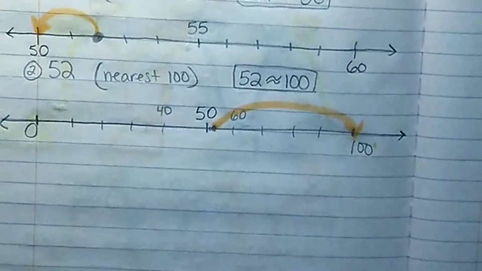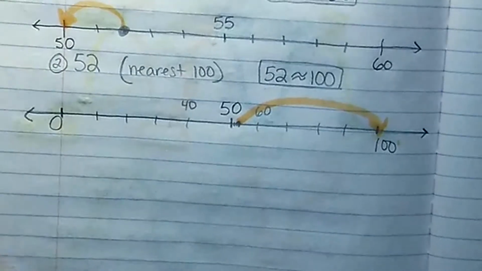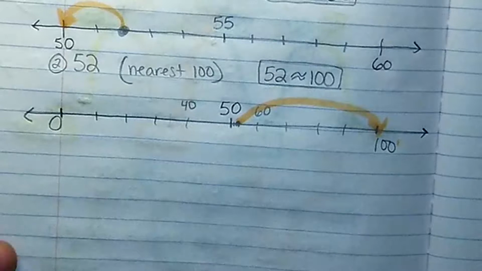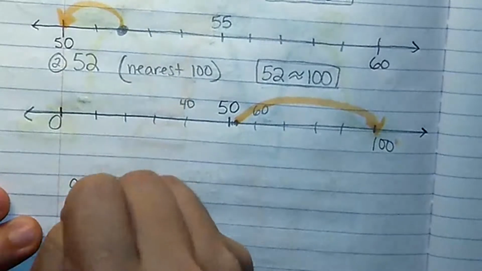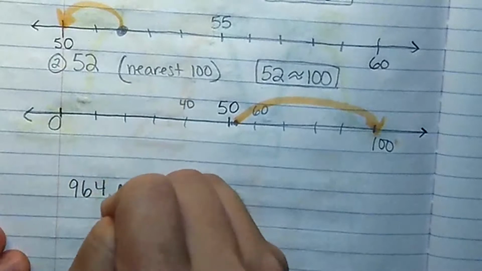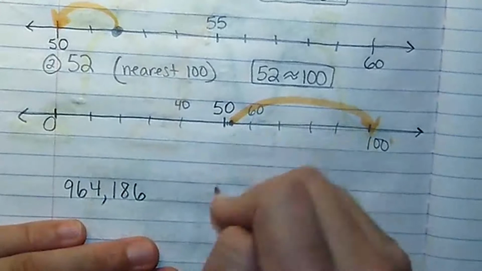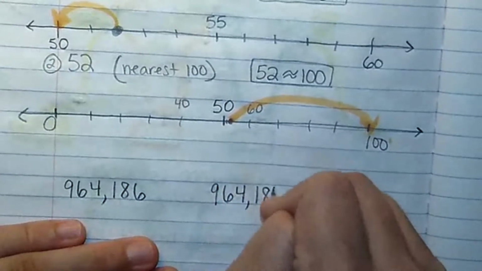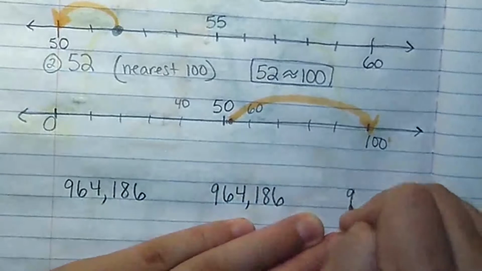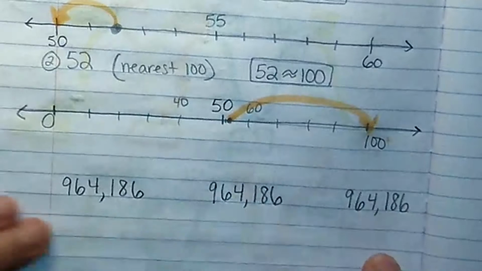I'm going to show you how we can look at a specific digit to tell us which way to round. So let's start with a big number. I'm going to write the number 964,186. I'm going to write it 3 times on the same line. 964,186. 964,186.